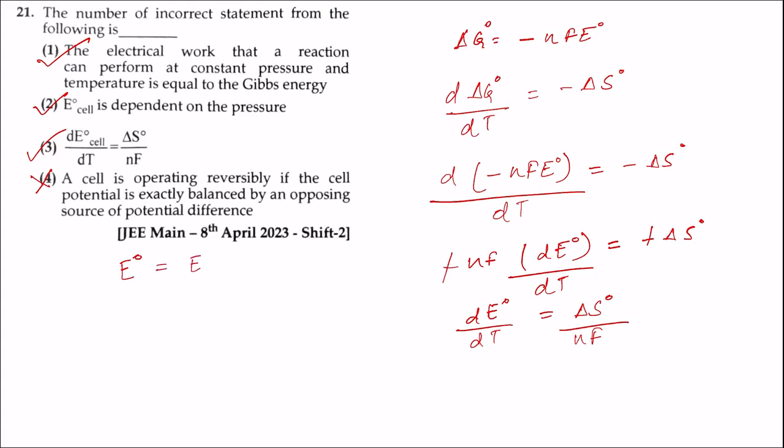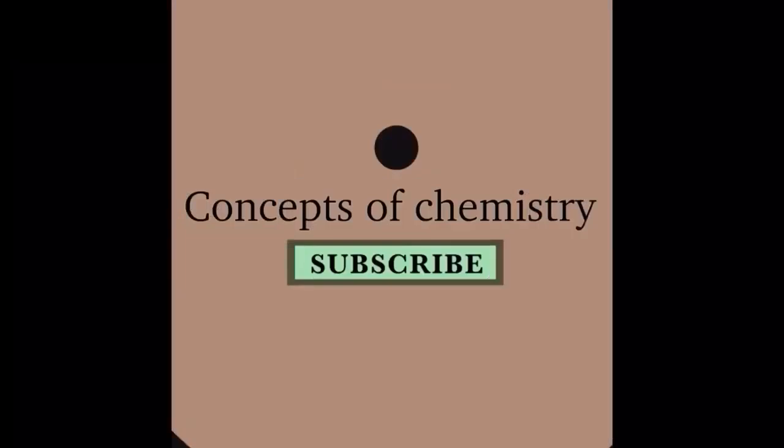A cell operates reversibly when the external source of potential difference is greater than the cell potential, not equal to it. Under this condition, the cell will operate reversibly. So the number of incorrect statements is 1. Out of 4, 1 statement is incorrect.